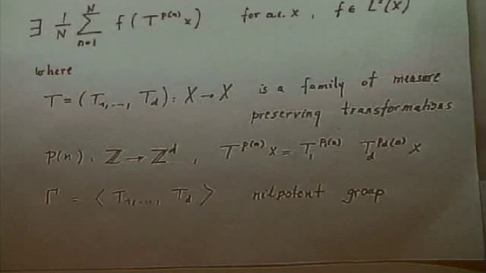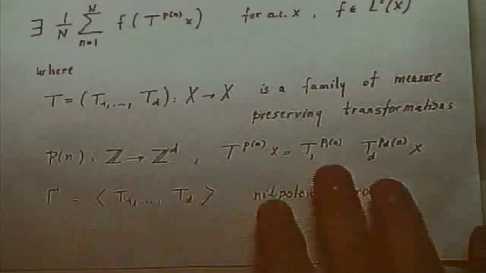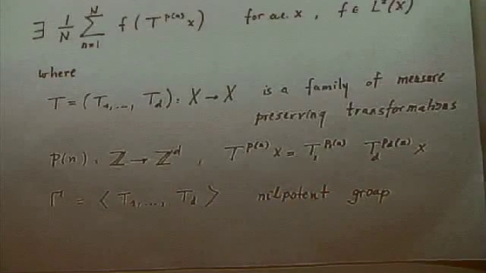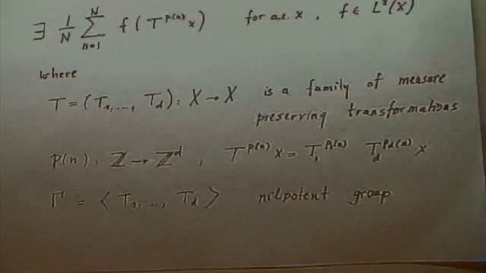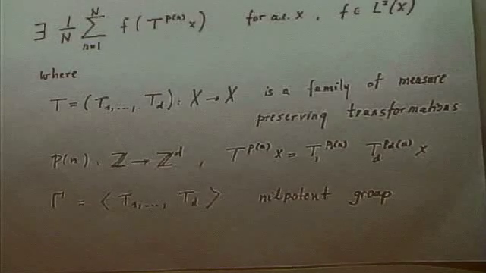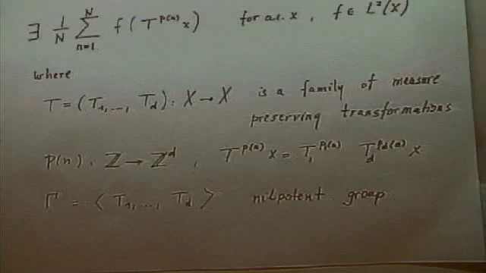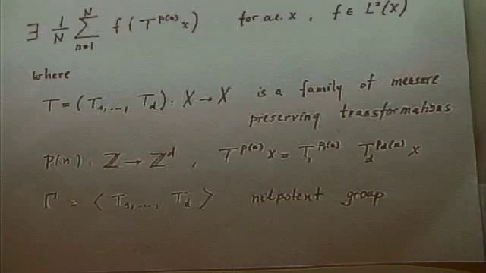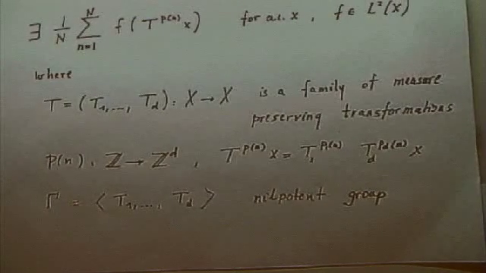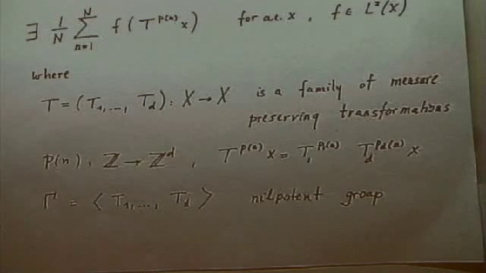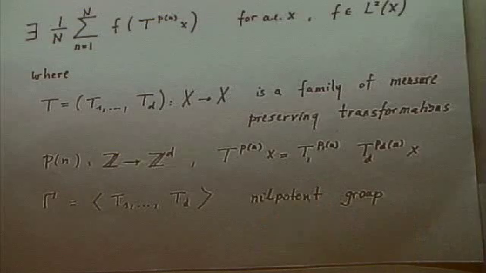And then say you have a polynomial map, Z to Z^d, so the coordinates of this polynomial map are polynomials P1 to Pd. And then you can form a so-called polynomial sequence to every point on the measure space, which is a subset of the orbit of this point under these transformations, a very particular arithmetic subset.